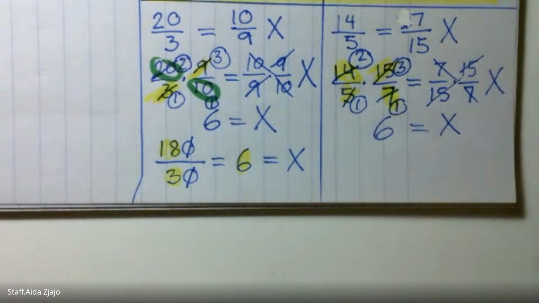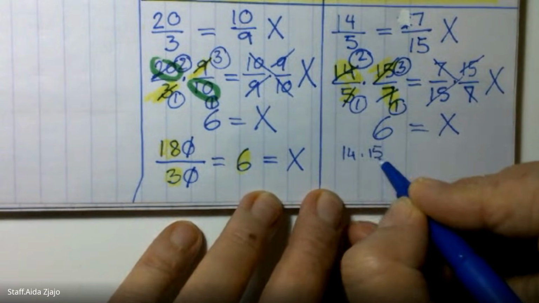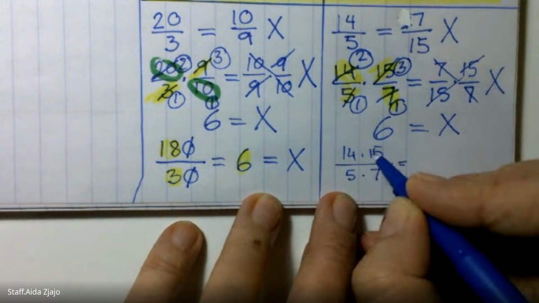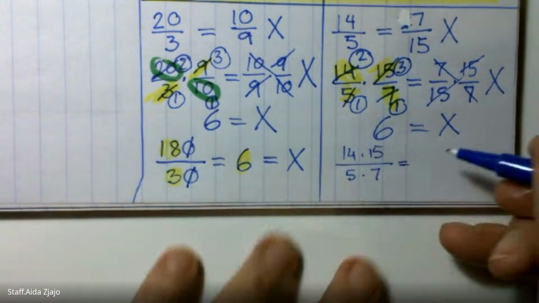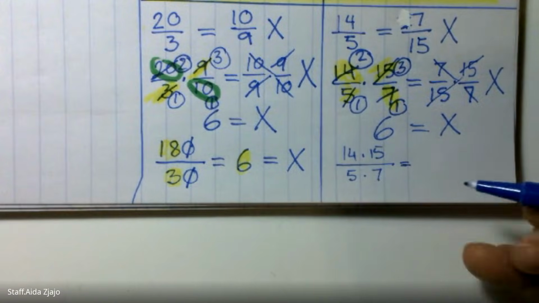All right. So if you do 14 times 15 divided by 5 times 7, you will end up with the same answer, which is 6.